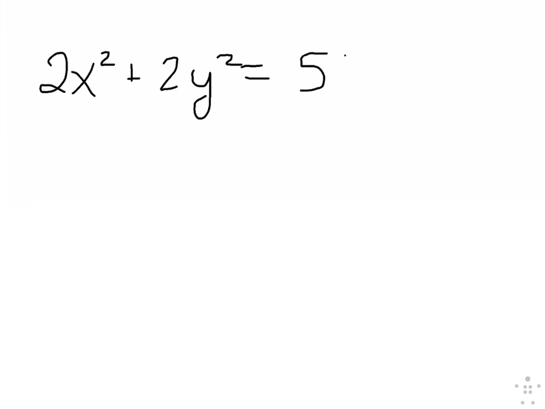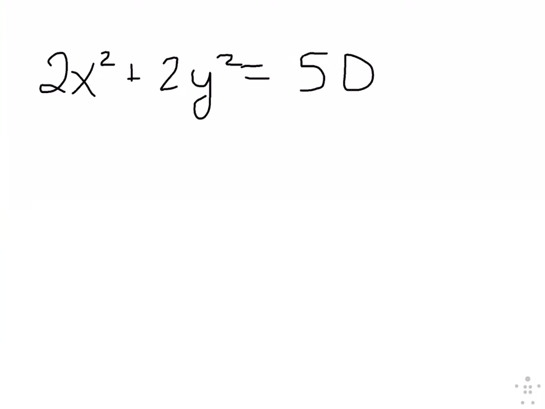Okay, now, if they give you something like 2x squared plus 2y squared equals 50, the problem is I've got 2's in front of my x squared and my y squared.